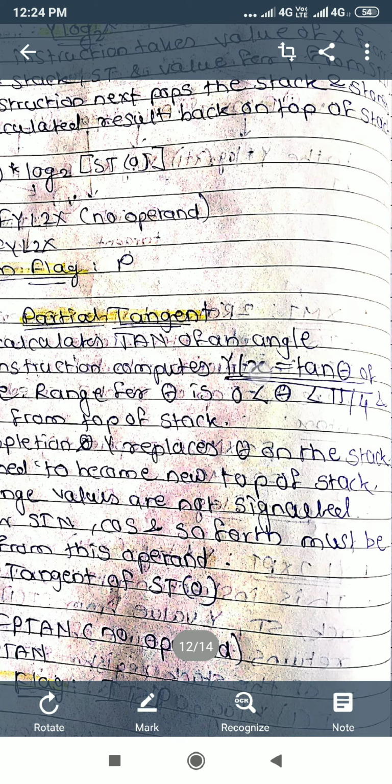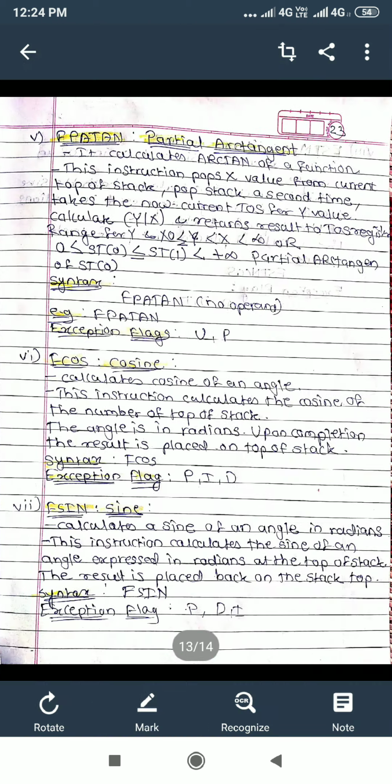Now moving to the next instruction, that is FPATAN. That means partial arc tangent. This partial arc tangent calculates the arc tan of a function.